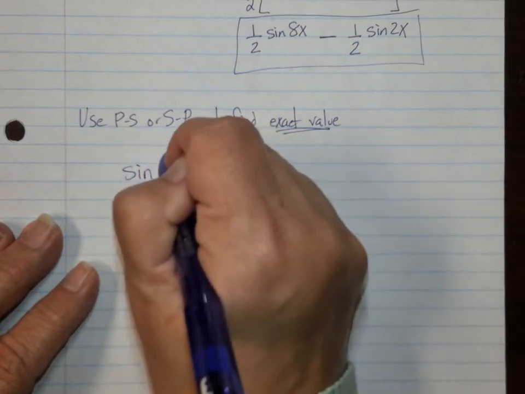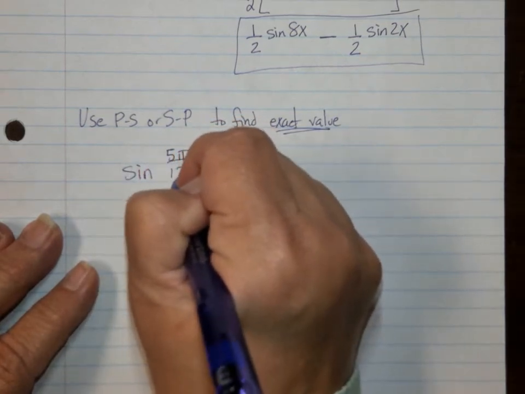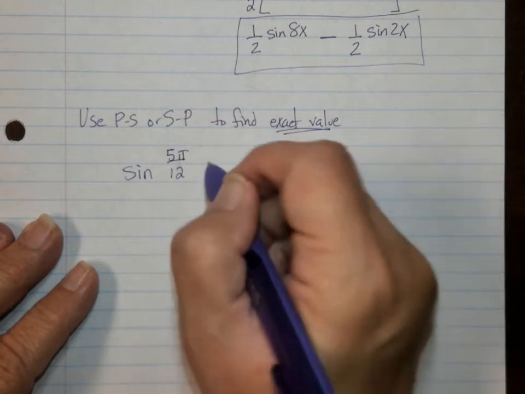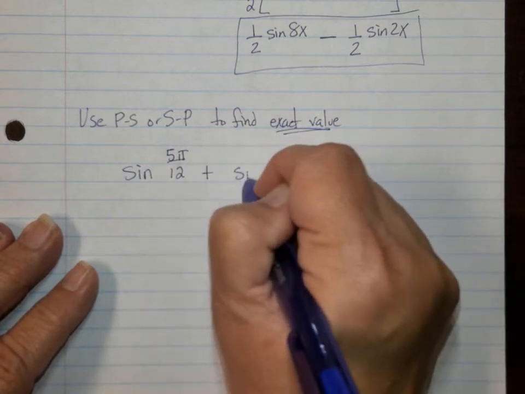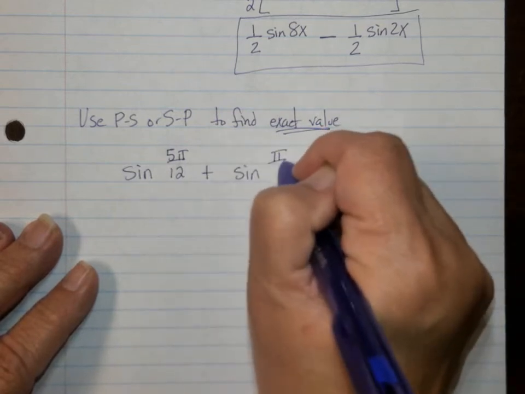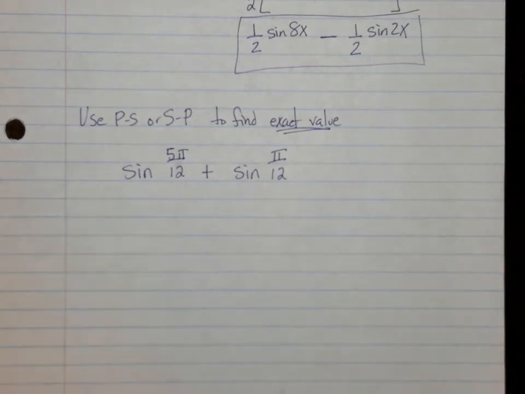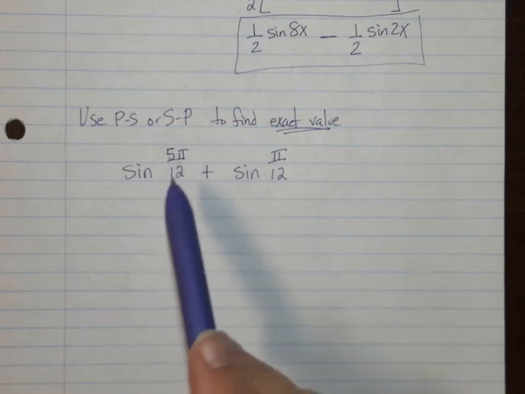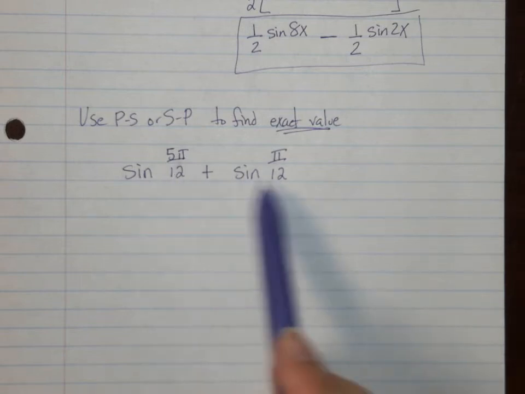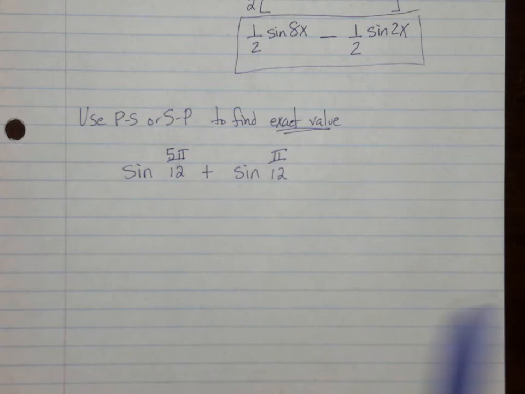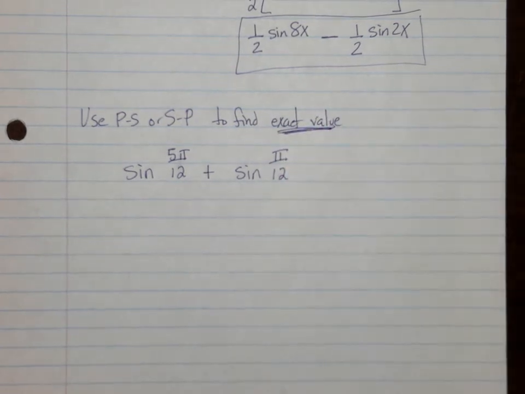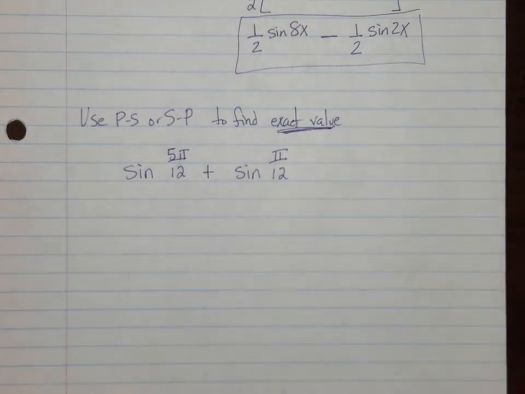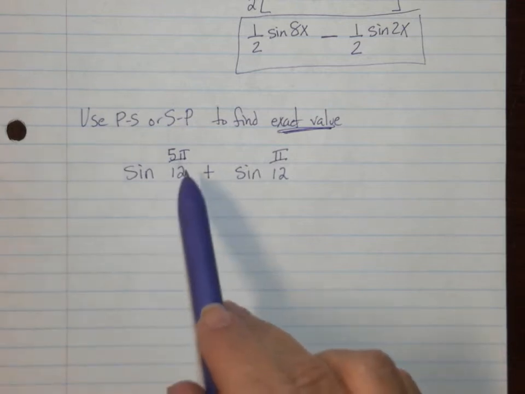Sine of 5 pi over 12 plus sine of pi over 12. Okay. First, we agree that we cannot just press this on our calculator because that's going to give us a decimal and that won't be an exact value. So I'm going to look at my little chart for sine of alpha plus sine of beta.